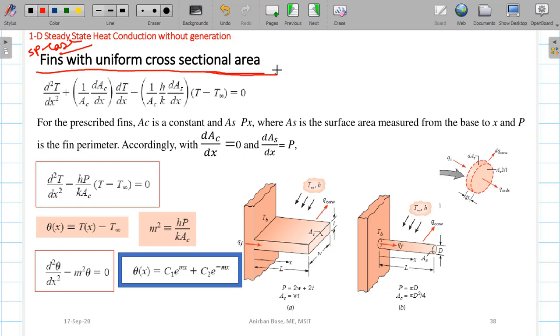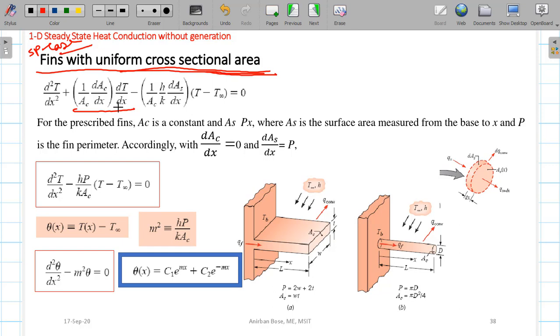If the cross sectional area varies, then this second term will be non-zero and will be present, and solving this differential equation will be a bit complicated because Bessel functions and other things will be required. For simplicity, we are not going to analyze problems where the cross section is varying. We restrict ourselves only to the case where the fin cross section is uniform.